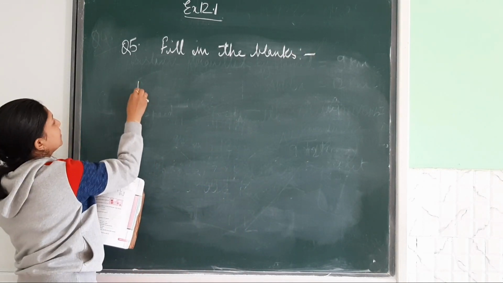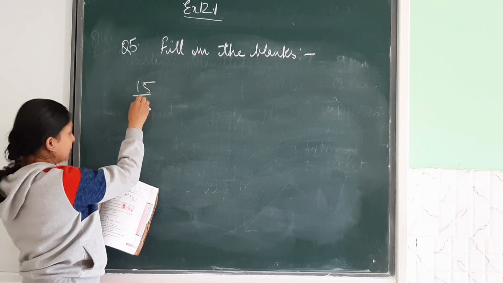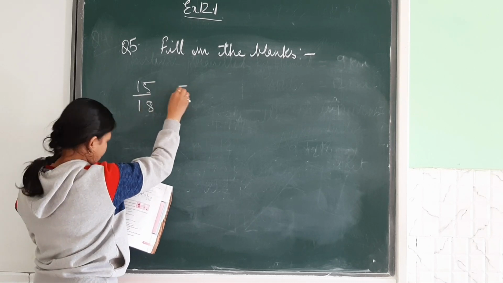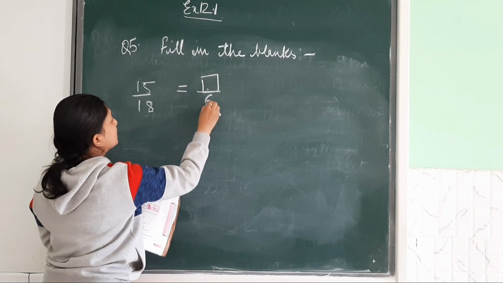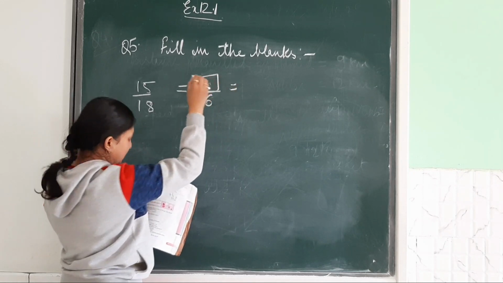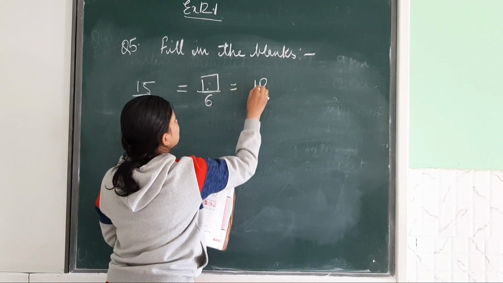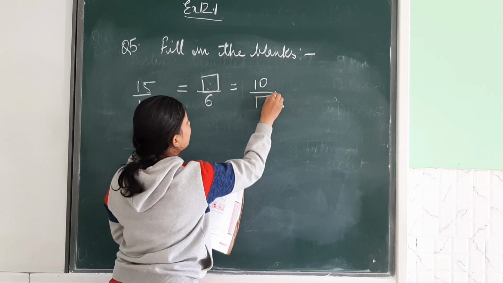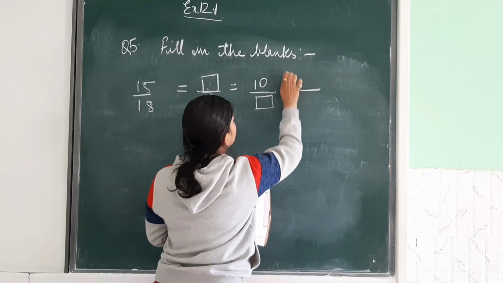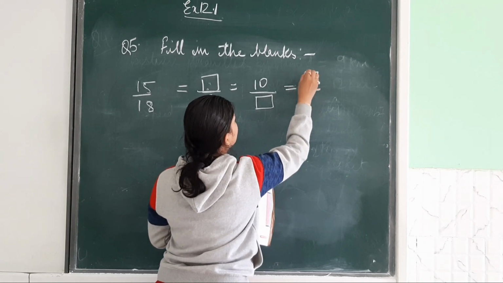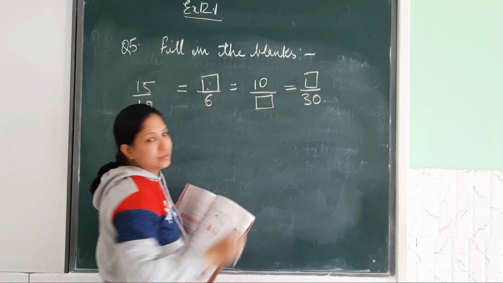It is given, 15 upon 18 is equal to a box, a missing number, find that missing number, is equal to 10 upon another missing number, is equal to another missing number, and here it is 30.